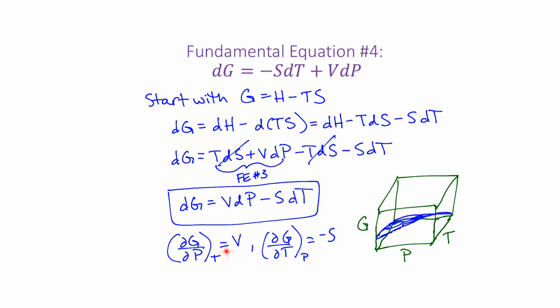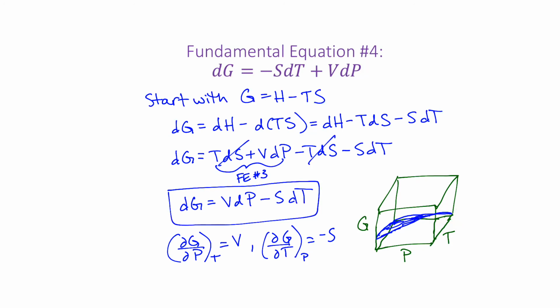So we've got one positive slope for dG/dP at constant T. So that's going to be this slope right here. We want that to increase and be positive along our change in pressure. Okay, and then we see that we want our Gibbs energy with respect to temperature at constant pressure. That's going to have a negative slope, so we're going to have a decrease as we increase our temperature at constant pressure along that isobar.